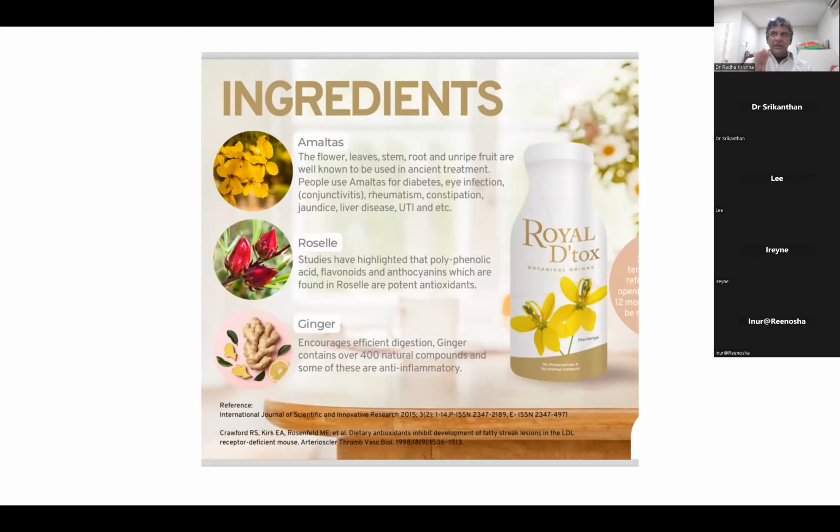So what it does is, after we clear the bacteria, parasites, and the fungus, immediately after that only we start on Royal Detox for 5 days. They take 1 bottle daily for 5 days.